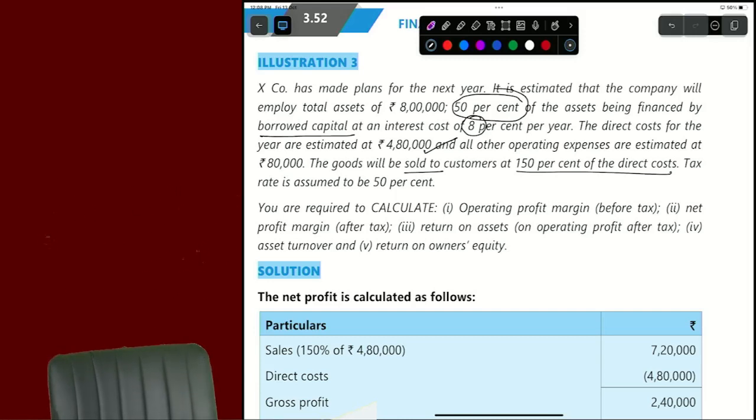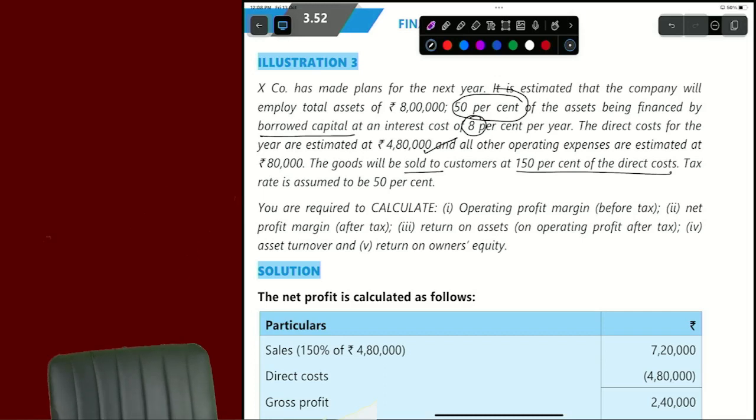That's the return on assets he is asking us to calculate in the question. Understood the point or not now? Tell me, what is EBIT in the question? 1,60,000 into 50%, means 1 minus 0.5. How much is it? 80,000 divided by what is the total assets? 8 lakhs. What is the percentage? 10%. That's the answer for the return on assets formula.